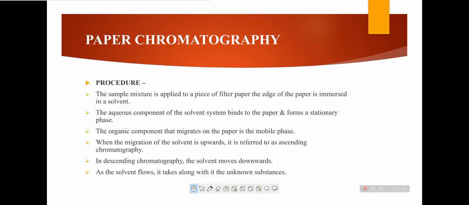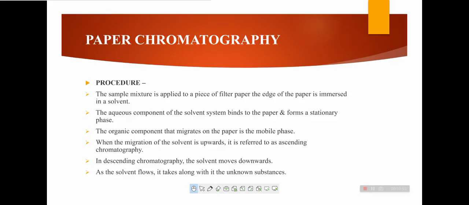Let's understand with the help of an example. Suppose a sample mixture contains three colored molecules: green, blue and red. According to their polarity, red is the least non-polar, then blue, then green. Thus, the most non-polar, green, will travel first along with the mobile phase, then blue, and at last the most polar compound, the red one.